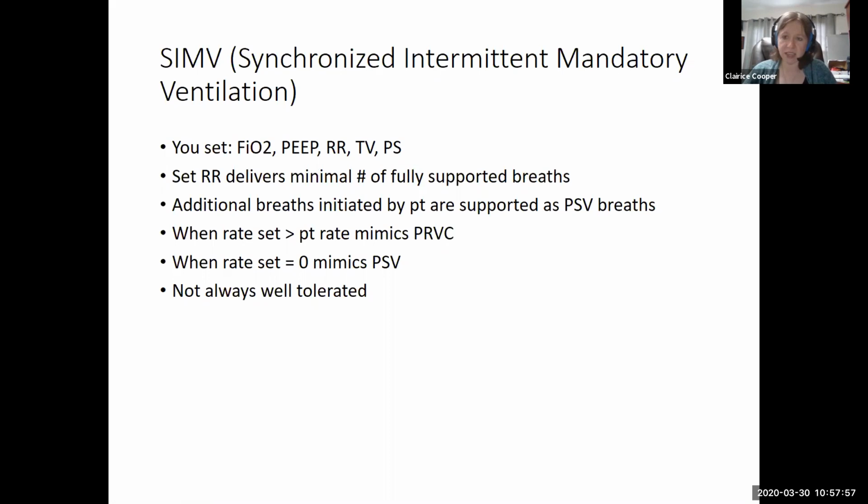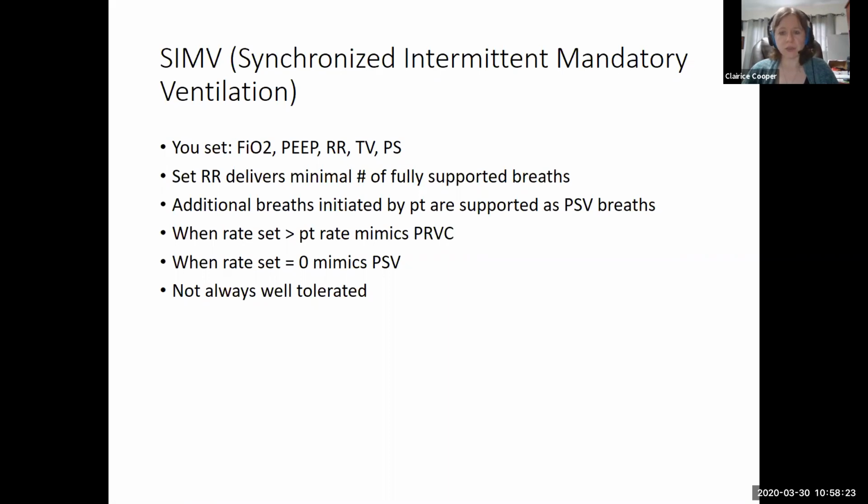Whereas in SIMV, the patient gets a minimum number of fully supported breaths that you set, but any additional breaths beyond that set amount that they initiate are pressure supported breaths. So if you set their rate at 12, but they're initiating 15 breaths, then those extra 3 breaths are going to be pressure support breaths.